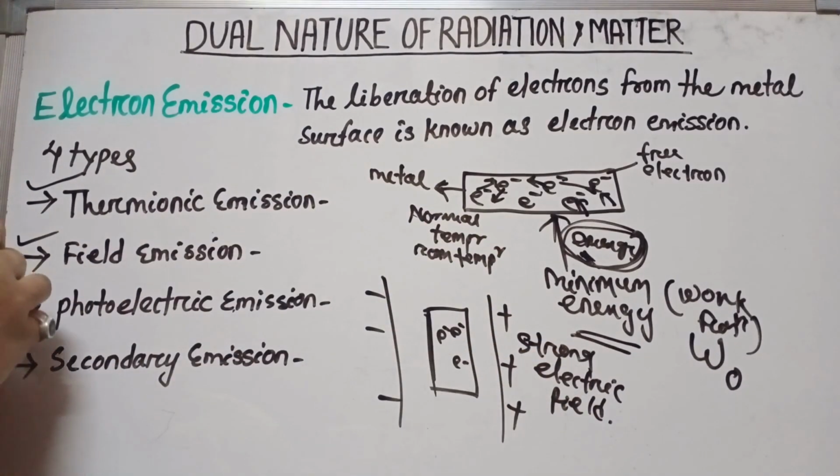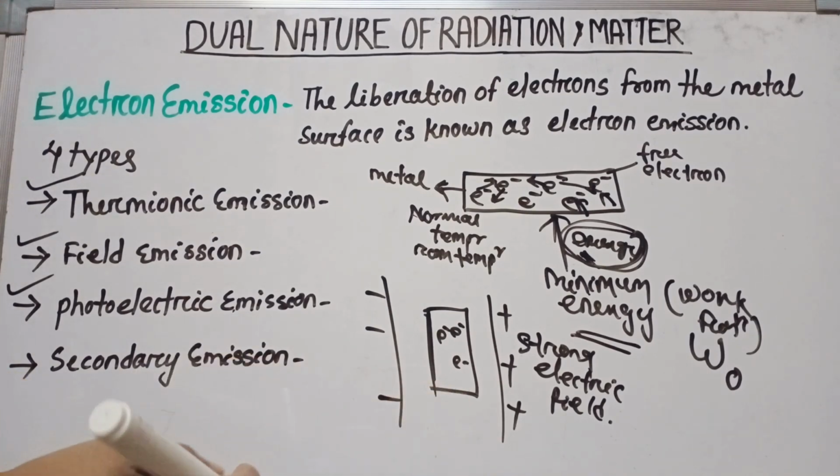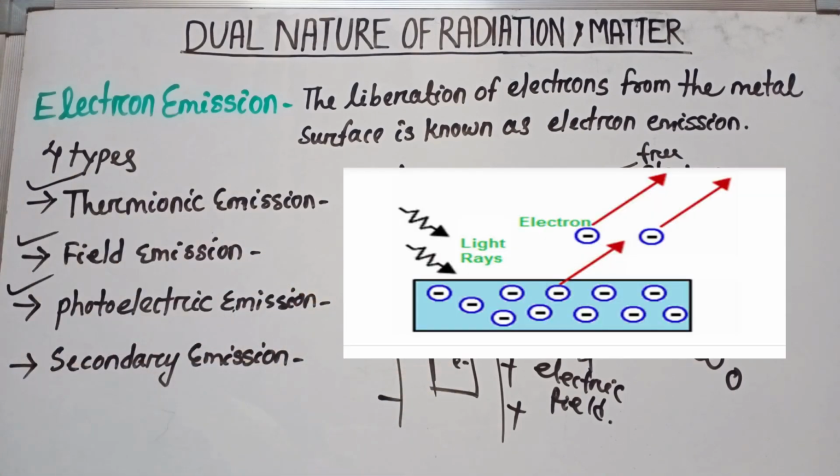Now go to photoelectric emission. Here we take a metal. See the diagram? Electromagnetic radiation falls on the metal. Due to the energy of the radiation, the electrons are able to release from the metal surface.